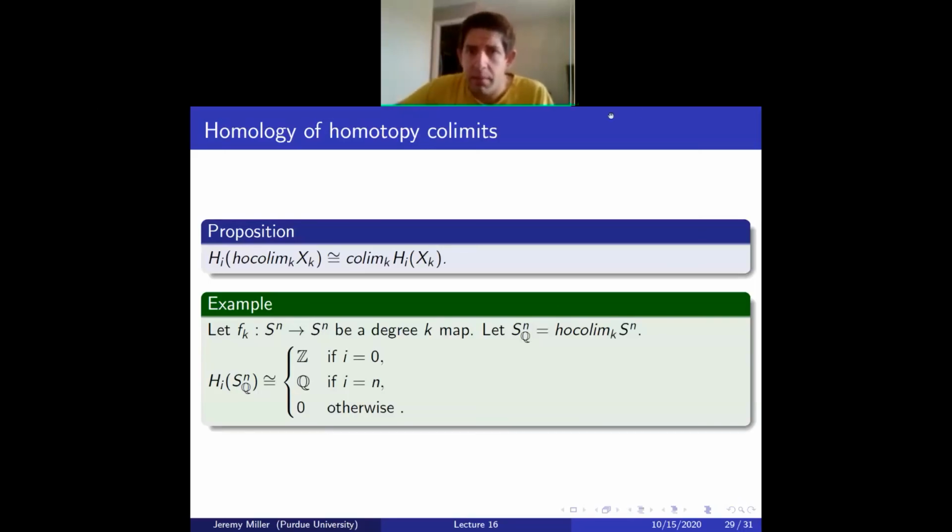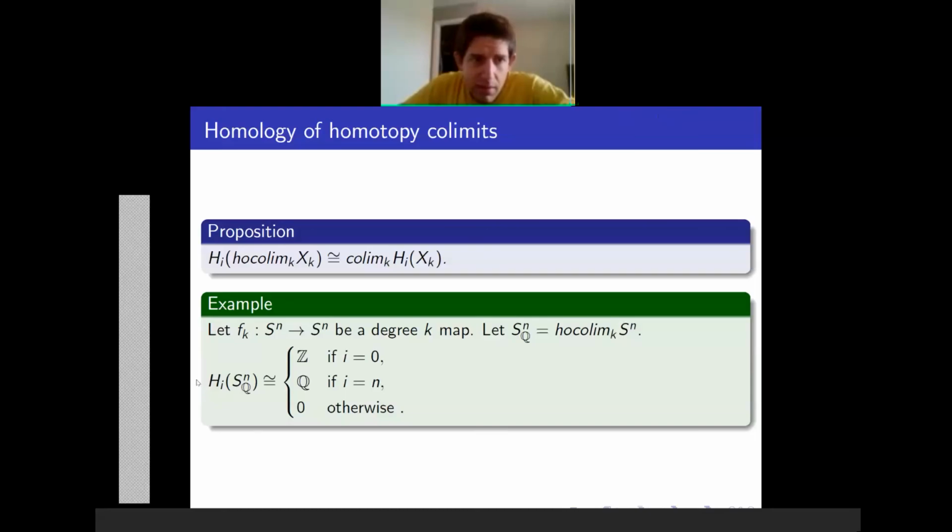So this is an example of a more general construction. If you're like, oh, this is the rational sphere, I don't like this Z thing, you can take reduced homology.